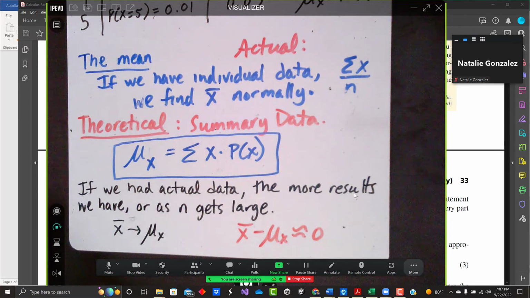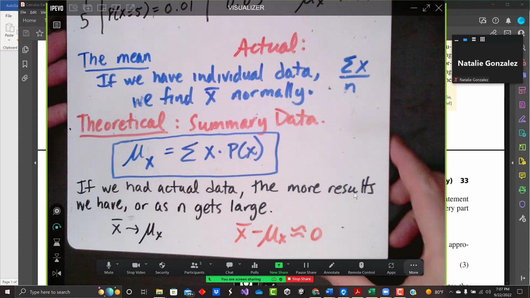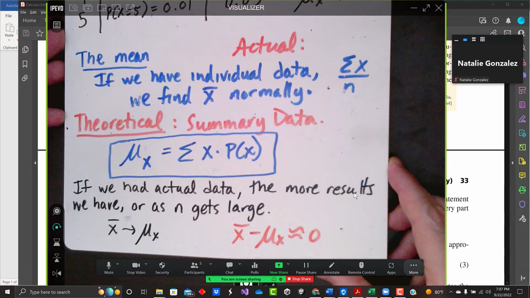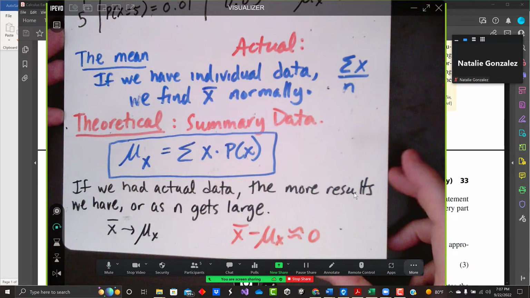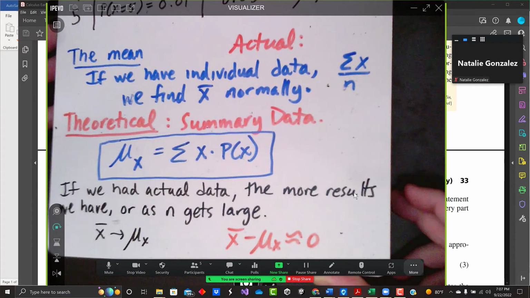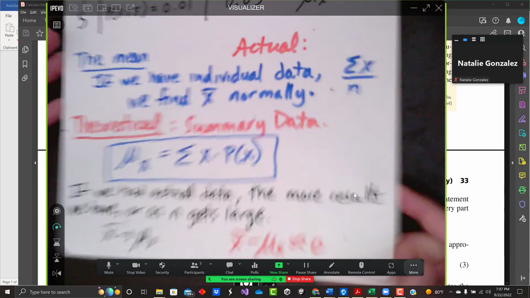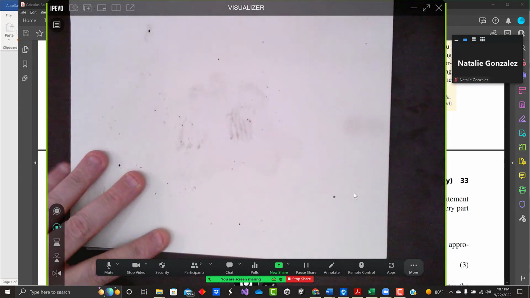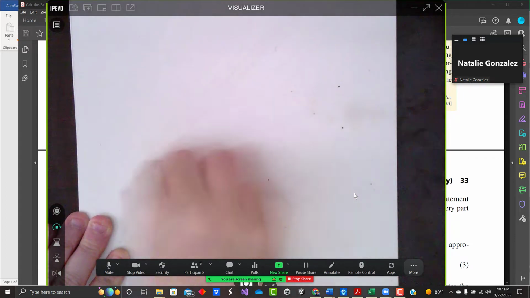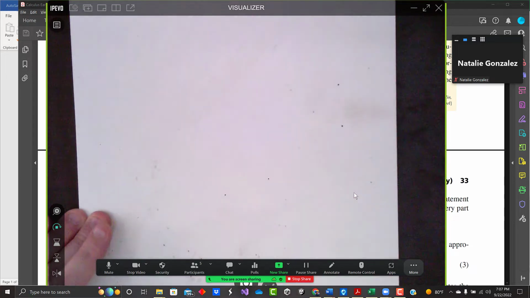It's awesome. So there is value in this. Are you guys done with this page? Okay.